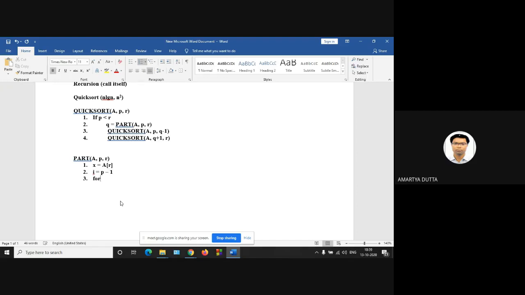Third one, for J is equal to P to R minus 1, the last index minus 1.